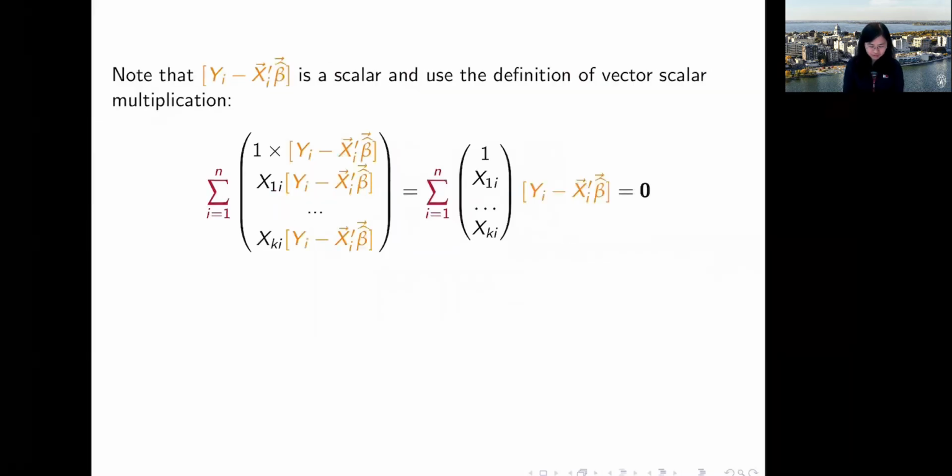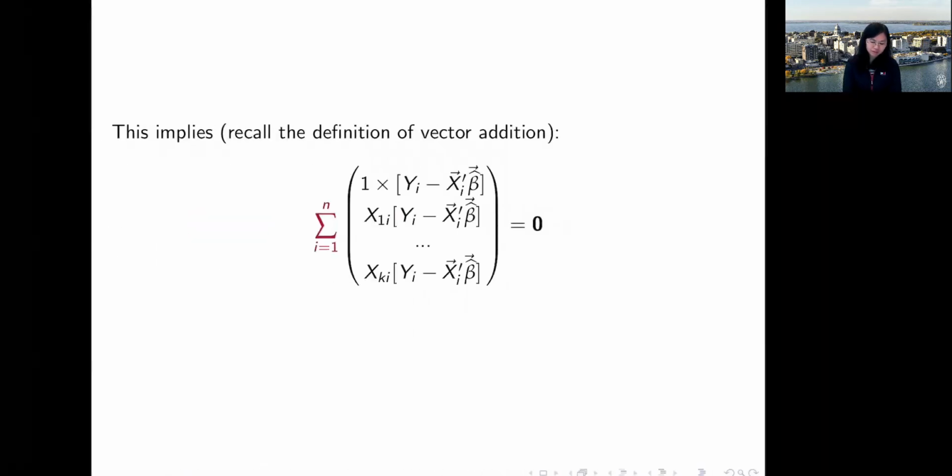So we do that. Actually, I'm sorry, I take it back. What we are going to do next is to recognize that this is common.